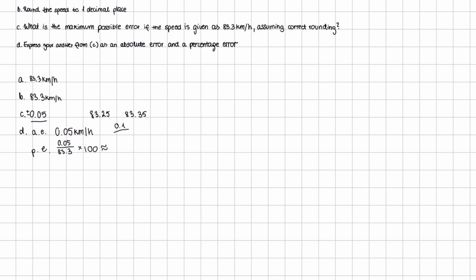In approximation it is 0.06%. And now let's try a more advanced example where rounding affects a geometric calculation.